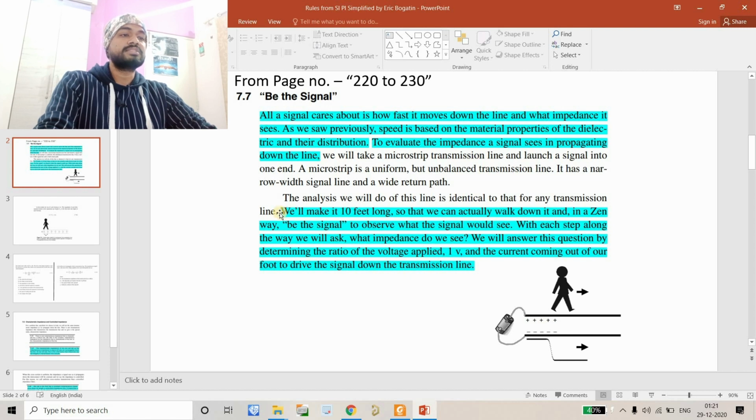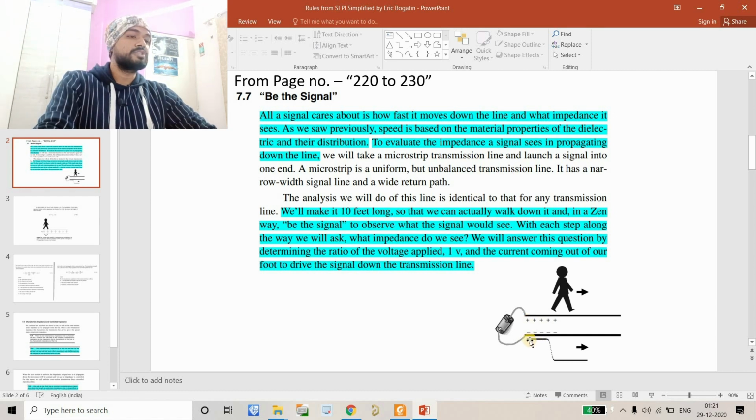Here we can imagine a situation where we have applied a voltage of 1 volt, as you can see at my cursor. The total track is 10 feet long, and after moving a particular length, we can see there is a positive and negative charge on the signal and its return path.